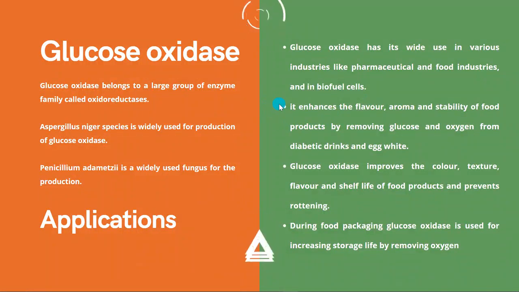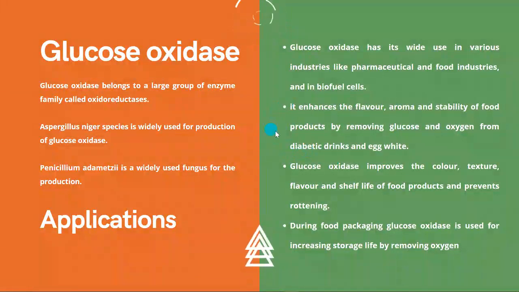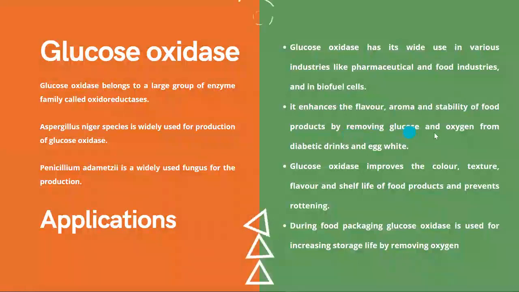Now coming to the second point, it enhances the flavor, aroma, and stability of the food products by removing glucose and oxygen from the diabetic drinks and egg white. Again, it's a common function of enzymes, since they are in the food industry. Enzymes give flavor, aroma, and stability to the food by removing glucose and oxygen from diabetic drinks and egg whites.